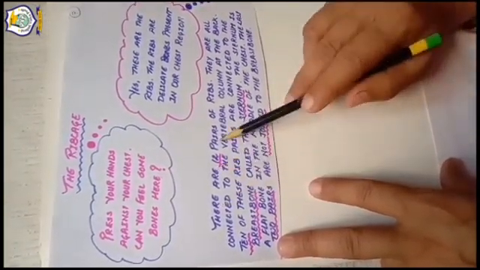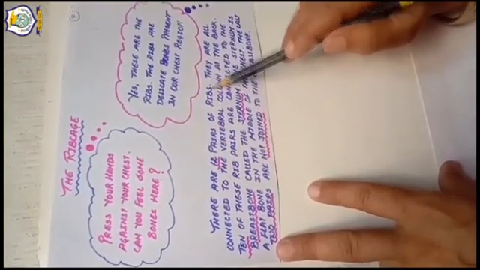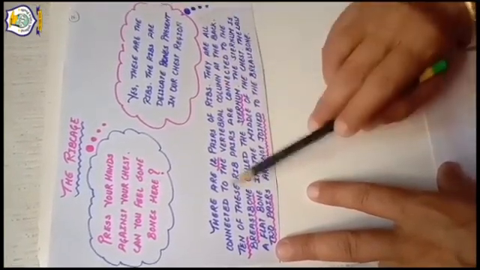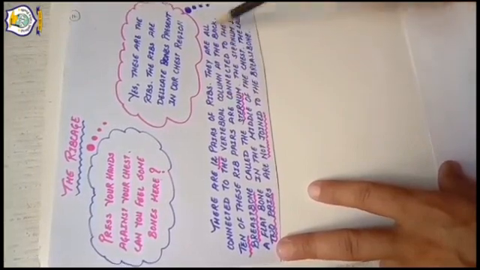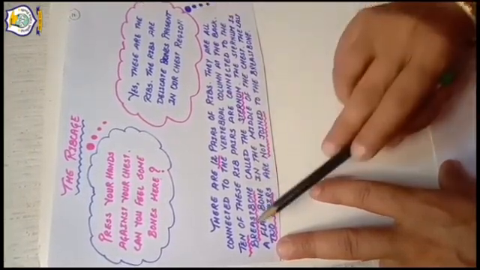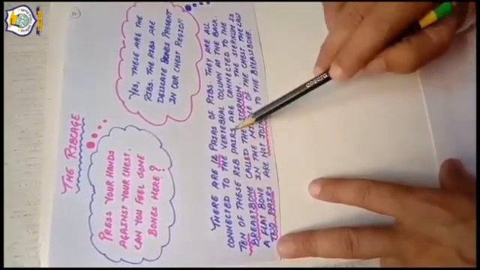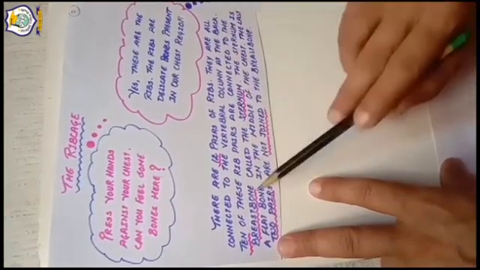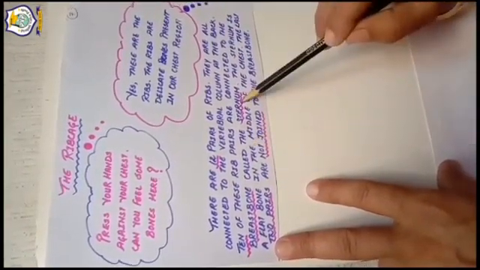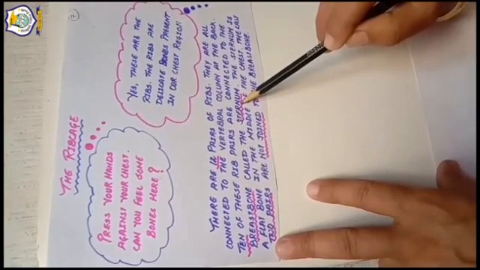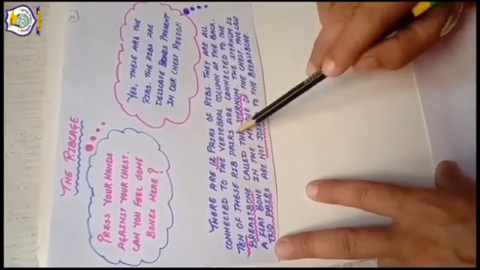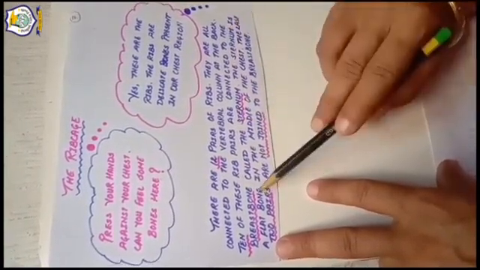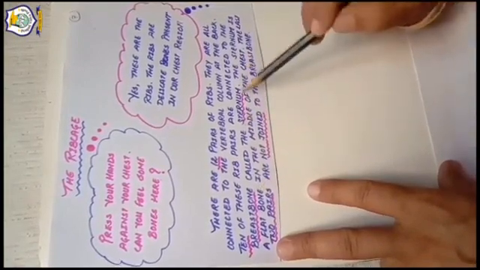There are 12 pairs of ribs. They are all connected to the vertebral column at the back. Ten of these rib pairs are connected to the breastbone, called the sternum.